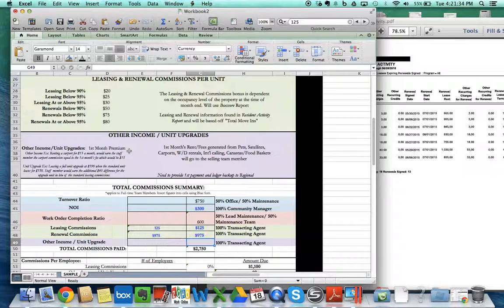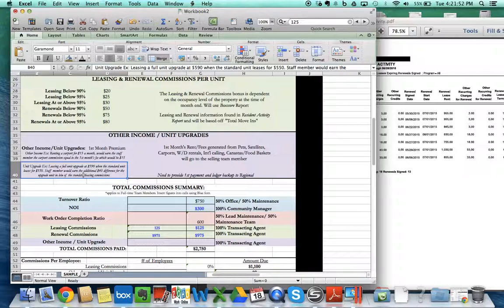So for example, if we're leasing a full unit upgrade at $590, when the standard unit leases for $550, the staff member would earn the additional $40 difference for the upgrade of the unit in lieu of a standard leasing commission.